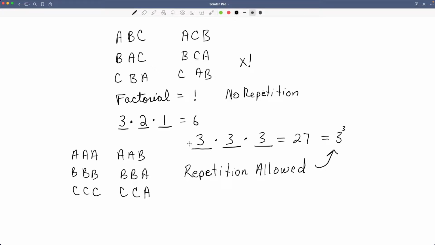All right, and that is what we call permutations. So we have a permutation with no repetition, which is called the factorial, and a permutation with repetition, which is exponential. And of course, that means we use an exponent. All right, so let's do some practice problems that are using this.